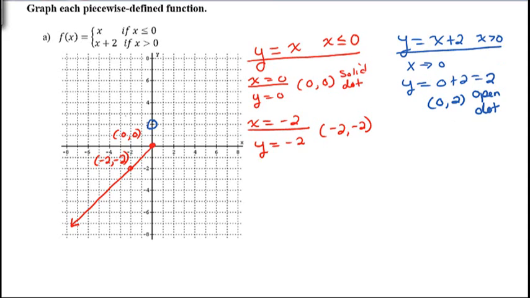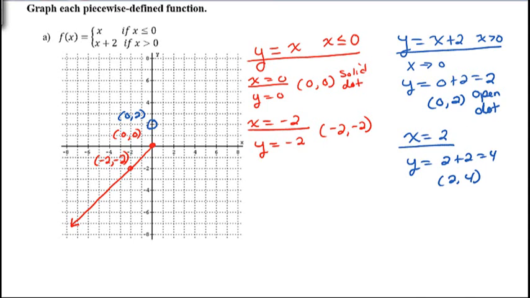We need one other point so that we can finish graphing this second piece of our function. Again, you use this interval. You want to pick some value of x that's bigger than 0, because that's when we're using this piece. So I'm going to choose x to be equal to 2. Then y would be equal to 2 plus 2, or 4. And so I have the point 2, 4.